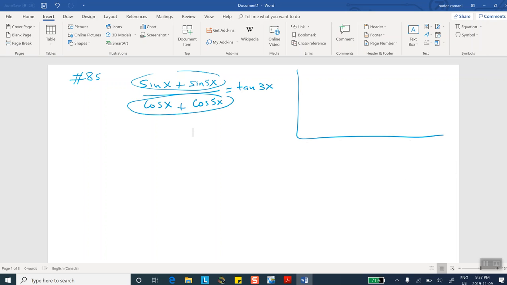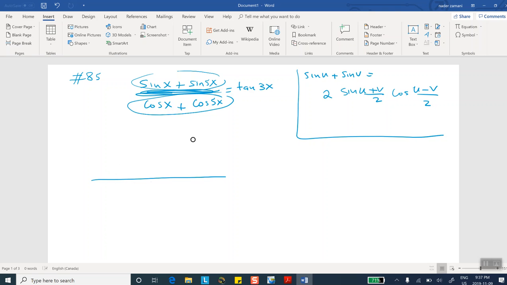For example, let me remind you that if we had sine of u plus sine of v, we had the formula for that, which was 2 sine of (u plus v) over 2 times cosine of (u minus v) over 2.